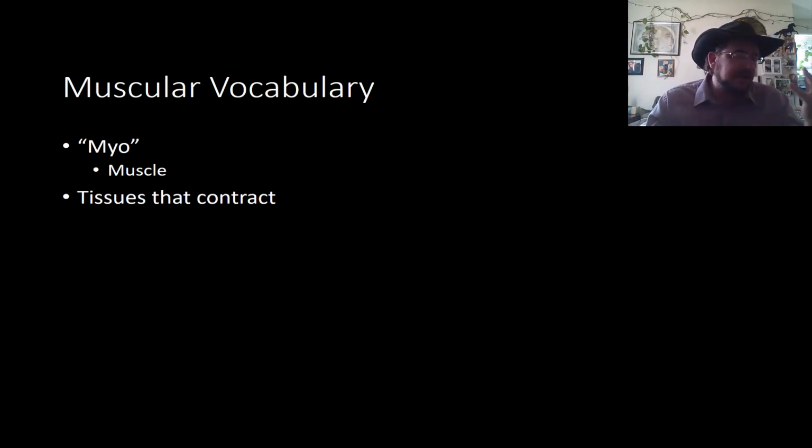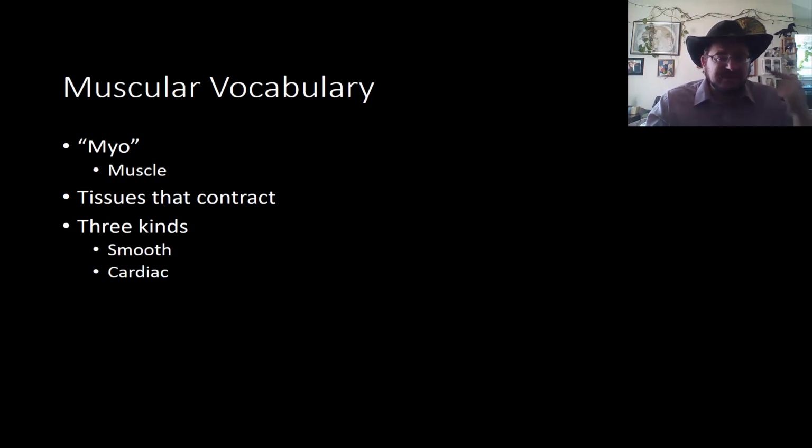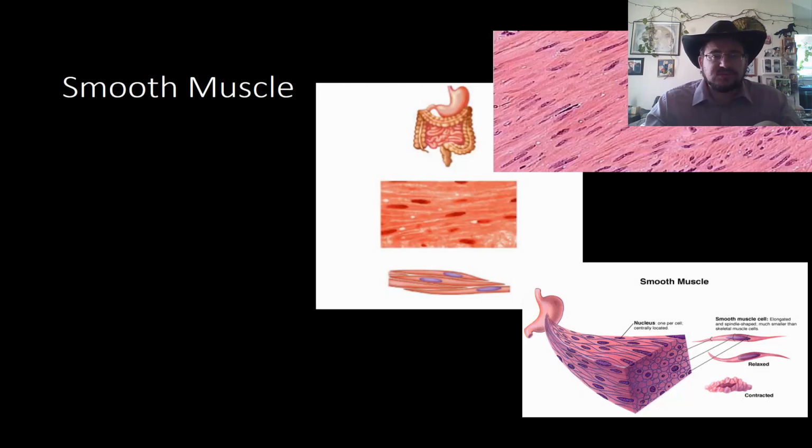If you'll recall, there are three basic types of muscles: the smooth muscle, the cardiac muscle, and the skeletal muscle. Smooth muscle lining hollow organs, cardiac muscle making up the muscle of the heart, and the skeletal muscle voluntary moving long bones. So smooth muscle, spindle-shaped fibers.